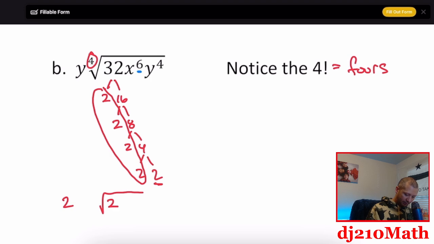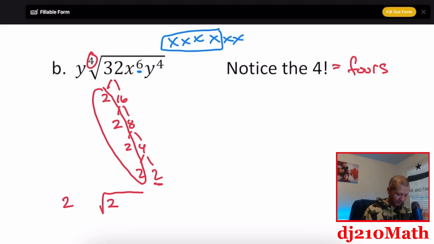All right, 6 x's. There's 6 x's, so I'm looking for a group of 4. That's a single x with 2 left over, so they stay behind. y to the 4: there's 4 y's inside, so that's going to come out as a single y. But there's already a y in front, so they're going to multiply: y squared.